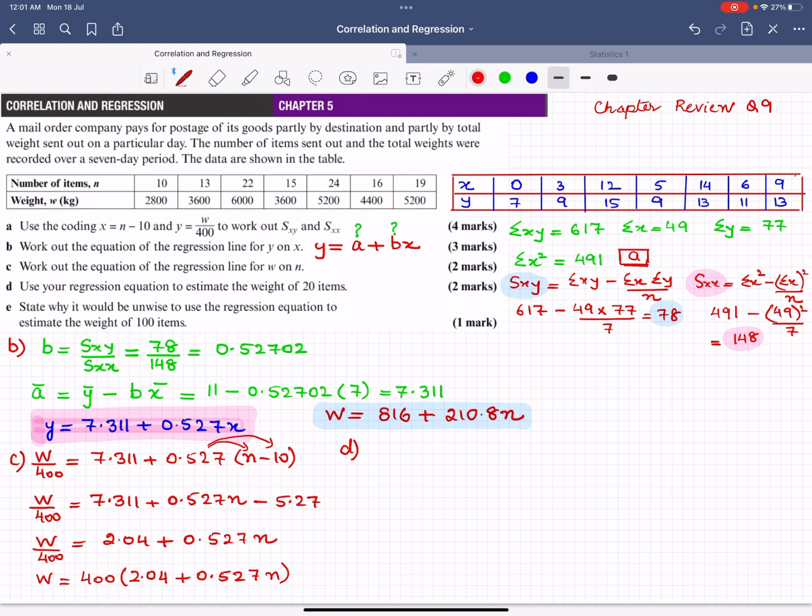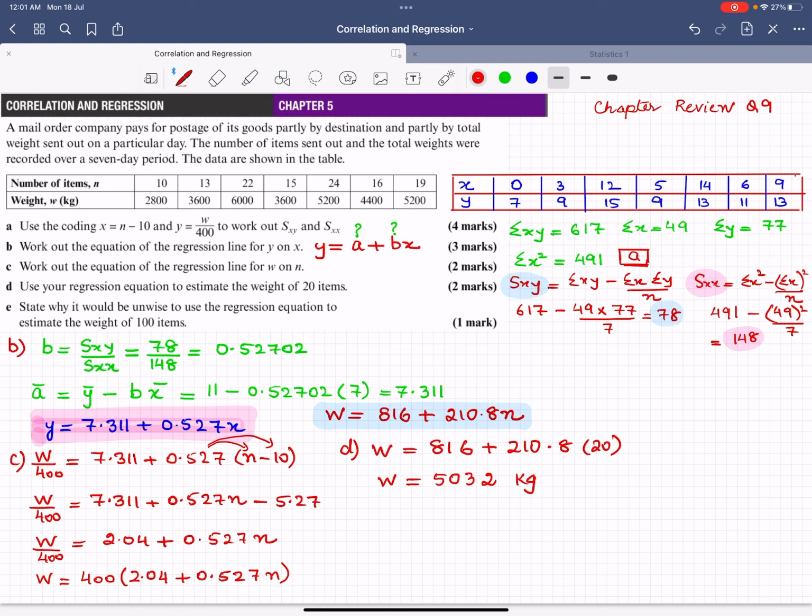So the weight w is equal to 816 plus 210.8 times 20, and when we work that out we get the total weight for 20 items to be 5032 kg.